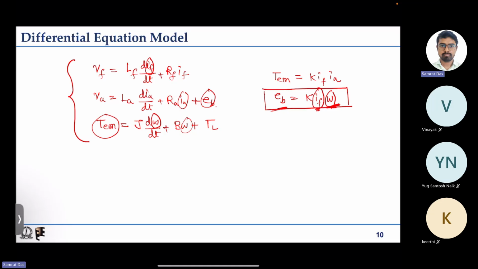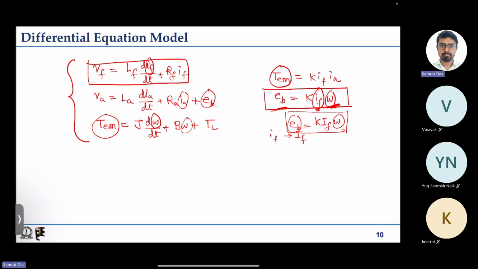But if we assume under steady state approximation that there is no transient in the field circuit, so if has actually reached capital If, the steady state constant value, then Eb is equal to k into capital If into omega, which becomes a static equation where back EMF is directly proportional to speed.